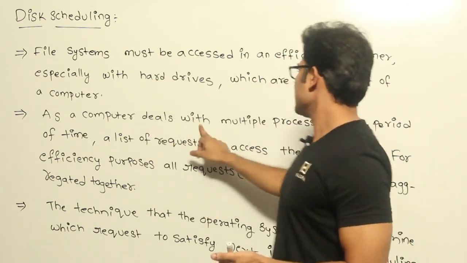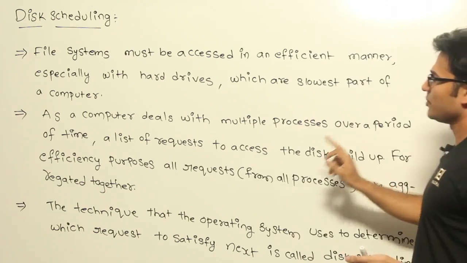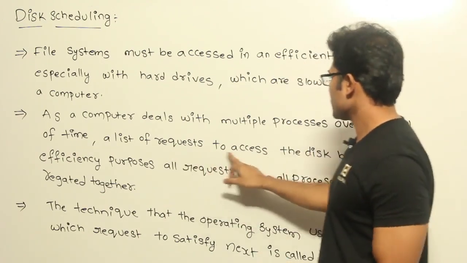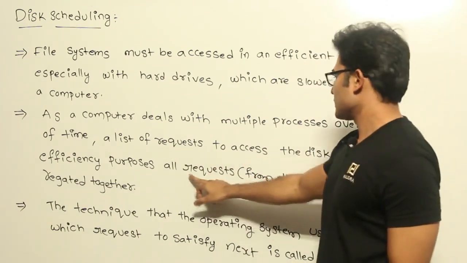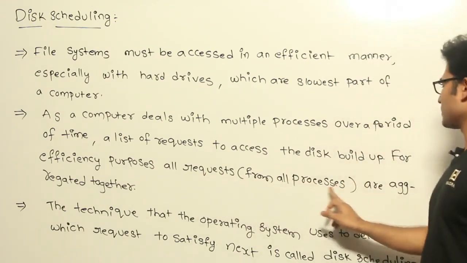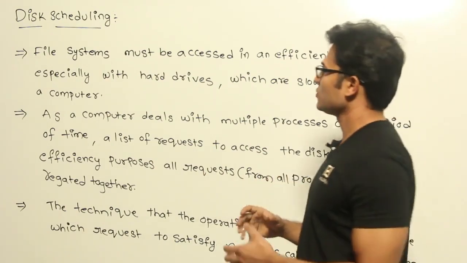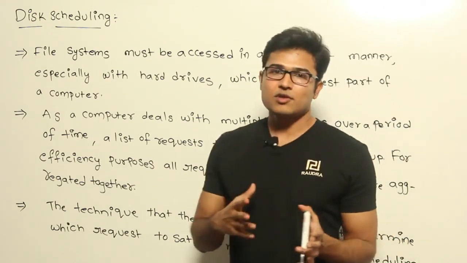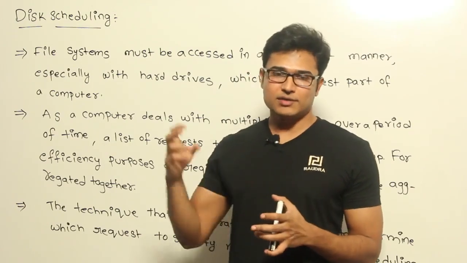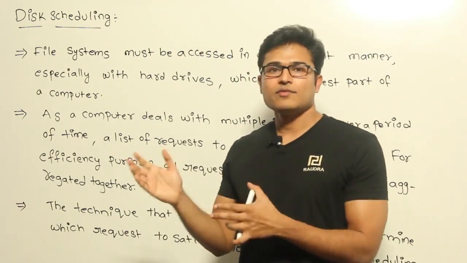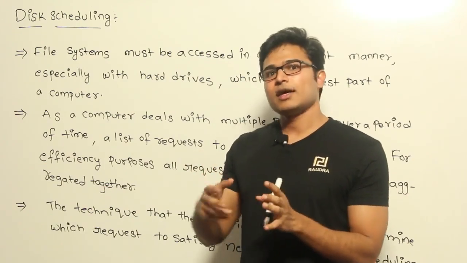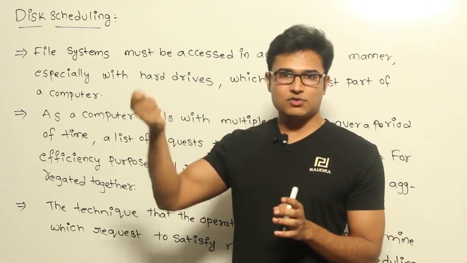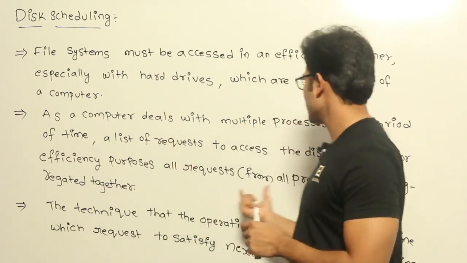As a computer deals with multiple processes over a period of time, a list of requests to access the disk builds up. For efficiency purposes, all the requests from all the processes are aggregated together. Whenever all the processes are getting blocked in order to get service from the hard disk, all of them will be in a queue, right? Now all of them have to be considered together, and you have to decide which one you should process next. That is called aggregation here.